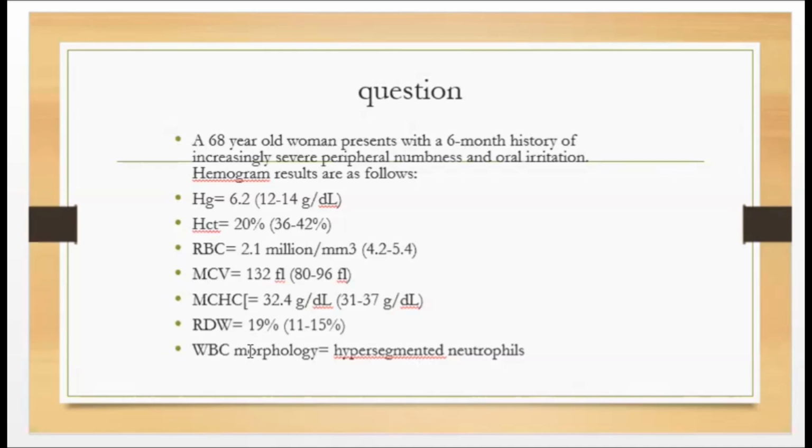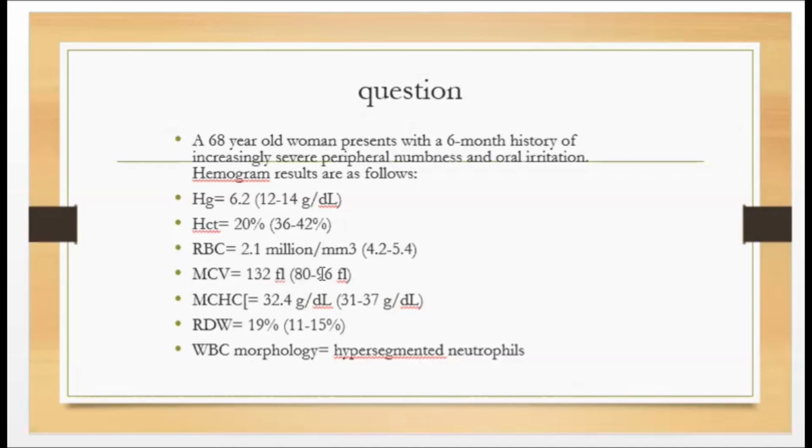macrocytic normal, large normal, okay? Macrocytic, look at it now, MCV, look at how big it is. Normal is 80 to 96, and they are at 132. But remember, when we talked about iron deficiency, here they were at what? 70. Okay, so these people are macrocytic, which is large.